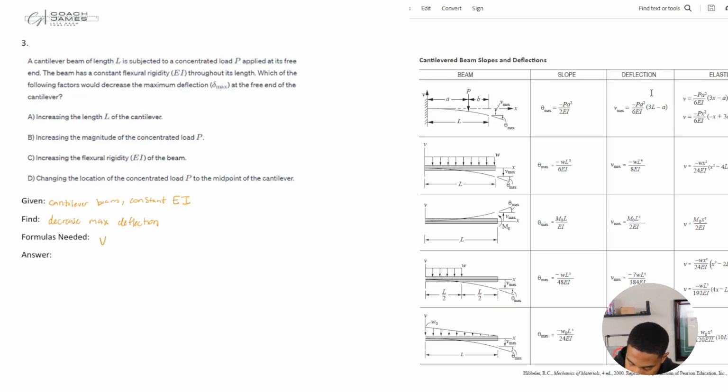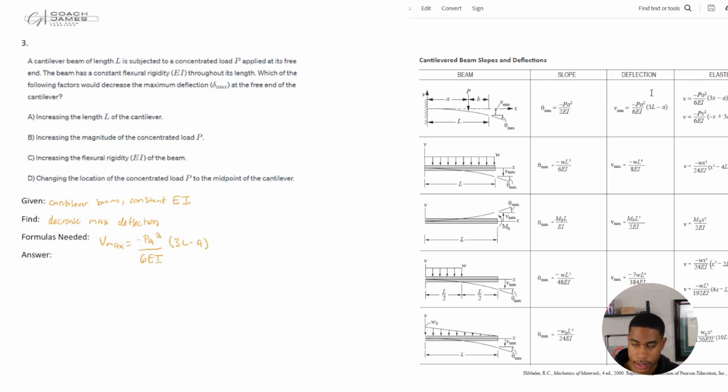All right, so V max deflection is equal to negative P A squared over 6 EI times 3L minus A. Okay.